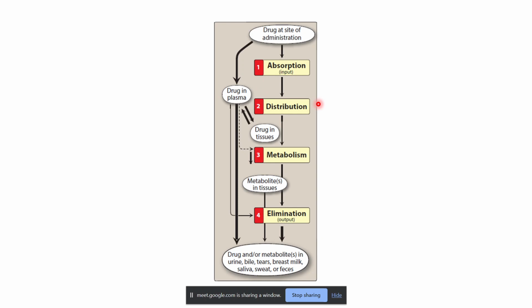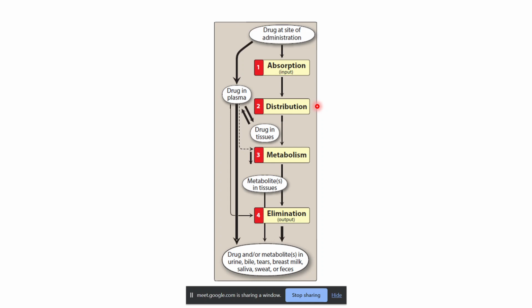Distribution is between the blood and the tissues, and also between the different tissues. This phase takes as long as the drug is in the body, and may take up to 4 hours or even longer for some drugs.